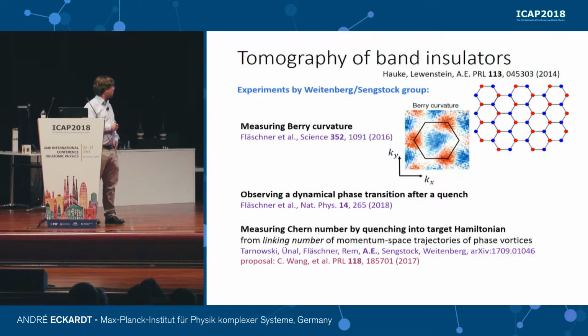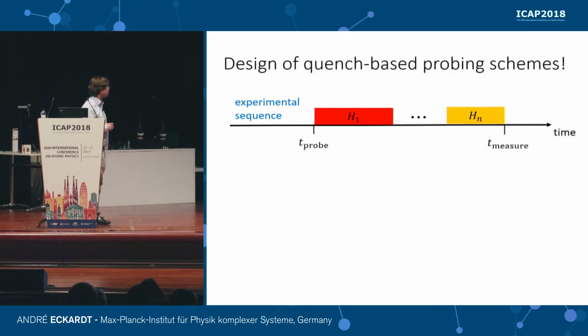In this way, they were able to measure the Chern number. And this is the starting point of this talk: this idea of using quenches to different types of Hamiltonians before you measure your system can be a useful idea to get information about the state of your quantum system.